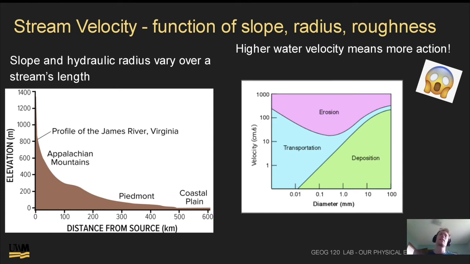So this stream velocity is related to erosion, of course, because with more movement of water, there's going to be more roughing up of particles, and there's going to be more suspended material as well. So together, stream velocity and hydraulic radius make up these basic stream dynamics that form the basis of hydrology.